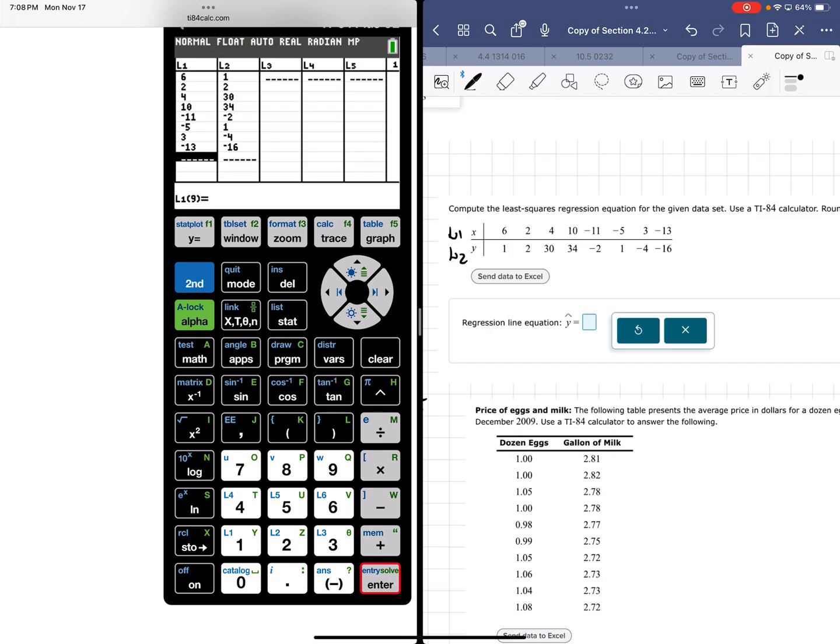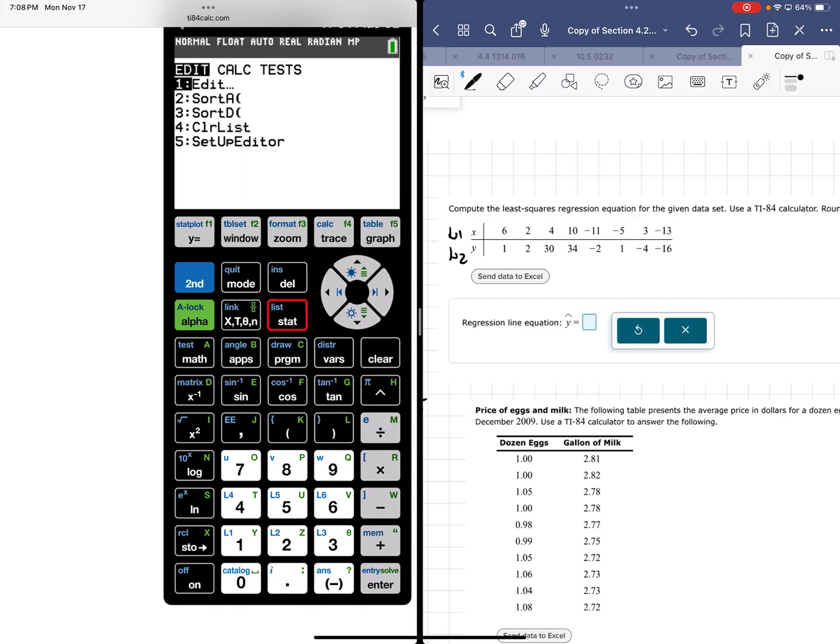We want a least squares regression. So I'm going to go now to stat, calc. You can pick 4 or 8, whichever one you want. I'm going to pick 8 this time. It doesn't matter, guys. I'm just going to show you how to do it. See, it asks me all the same questions. L1, L2, frequency list, leave it blank.